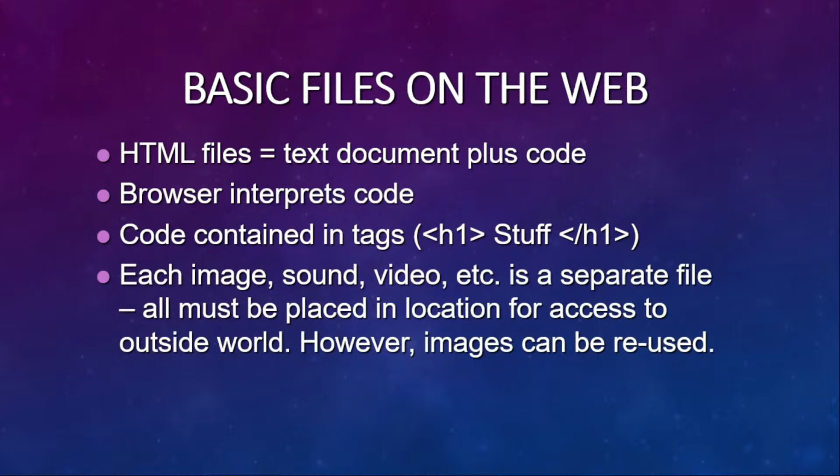All right. Now, basic files on the web. We have HTML files, and these are documents plus code. Our browser will interpret every single code and turn it into a beautiful interface. That's what browsers do. Code contains tags, and you can see an example of a tag here, H1, and not just H1.